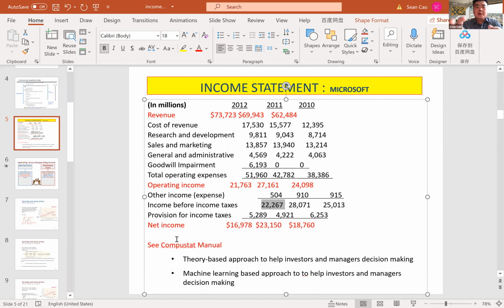Let me talk about the two approaches side by side so you can see the idea behind them. What's an example of a theory-driven approach? What I just talked about is one. I told you the income from the primary business is more persistent than side business income, so we prefer firms whose income comes mostly from the primary business.